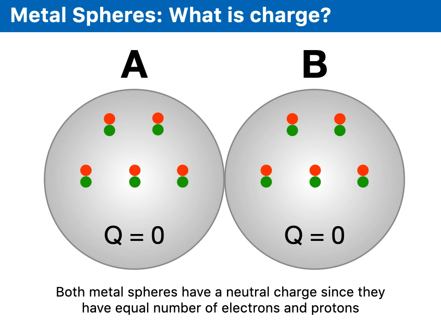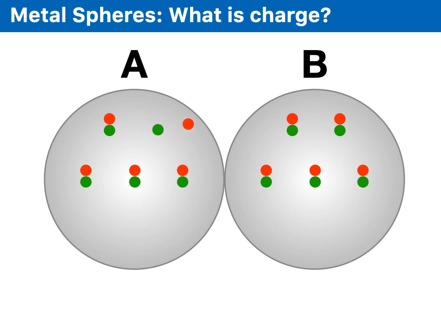Okay, so let's say for whatever reason, an electron moves from sphere A to sphere B, like so. Now, sphere A has more protons than electrons, and sphere B has more electrons than protons. So we say sphere A has a charge of plus 1e, and sphere B has a charge of minus 1e.